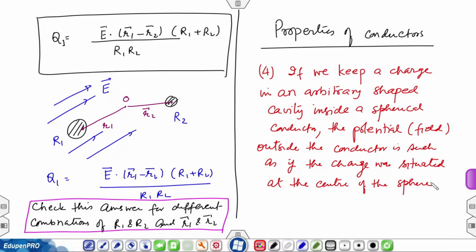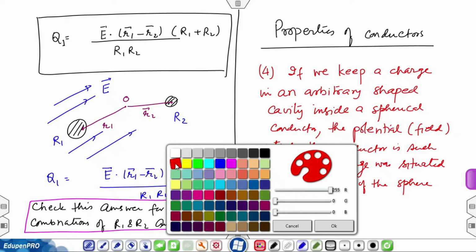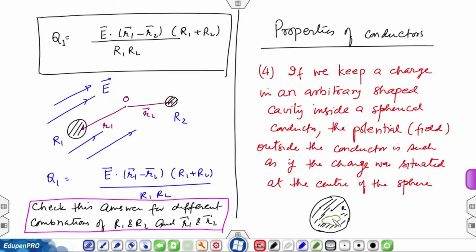So, let me explain what it means. Suppose I have a sphere of some radius r, and I make a cavity inside, the rest is still solid, and I put a charge q inside this cavity.